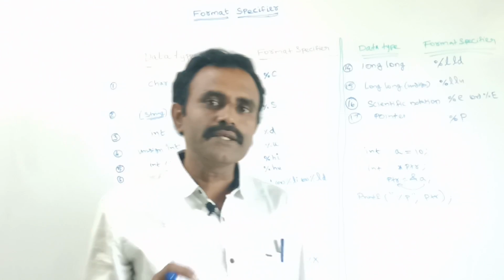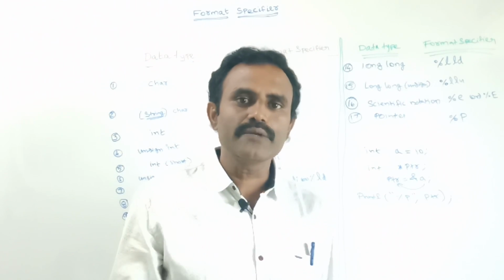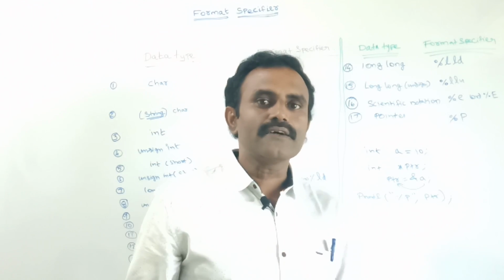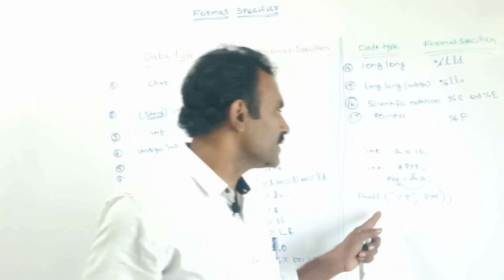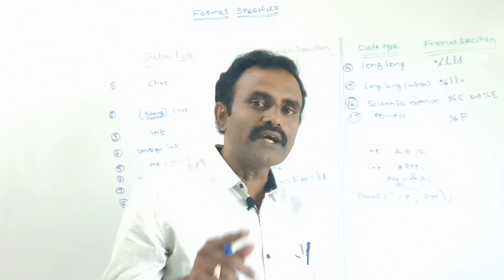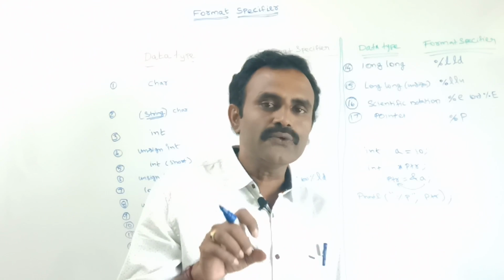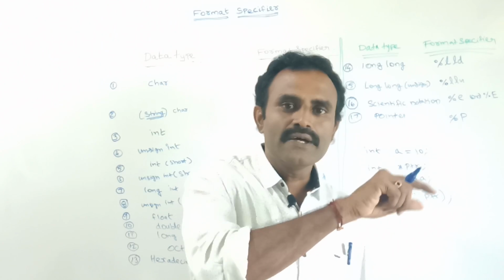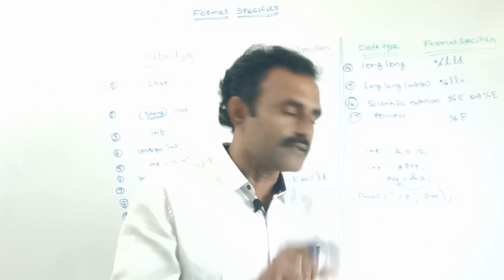Address is nothing but each and every data is stored in some memory location, and each memory location has a unique address. Where the data is stored, that corresponding address will be displayed here. I have declared a variable a and stored the value 10 in it. That 10 is stored at some address in memory.